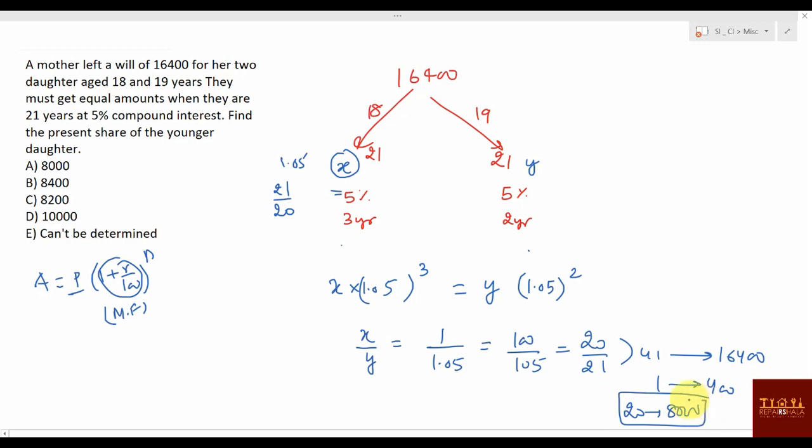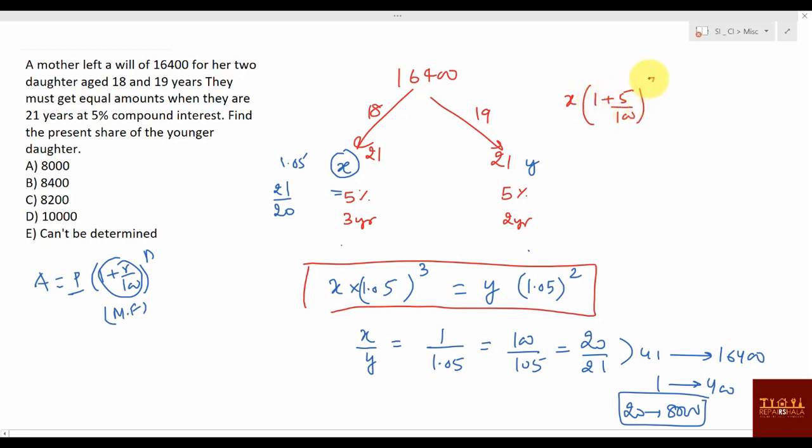I know where you got the problem. I know exactly where you are facing problem. You are not able to understand this one, right? Okay. I will change this. I will change the same thing. X after 3 years will be 1 plus 5 by 100 raised to power 3, and y after 2 years is 1 plus 5 by 100 raised to power 2.